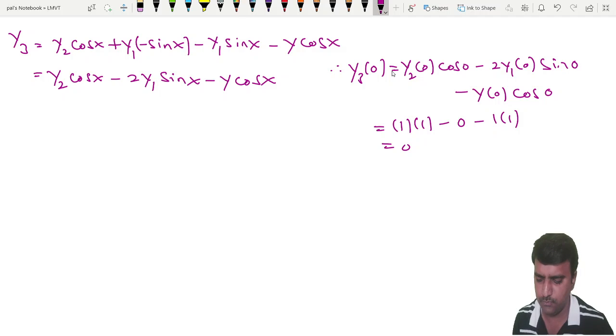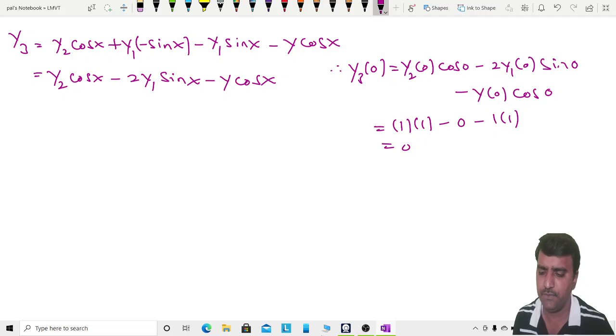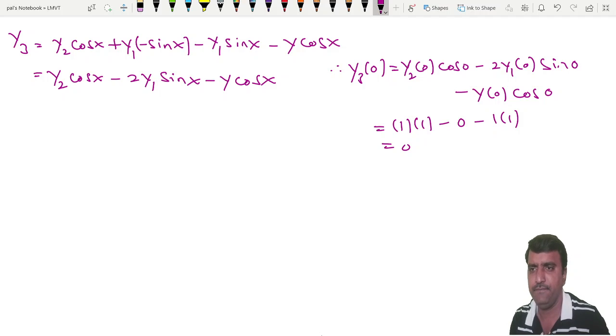We need to find one more term, that is y4 of 0. To find y4 of 0, again you differentiate y3 with respect to x.